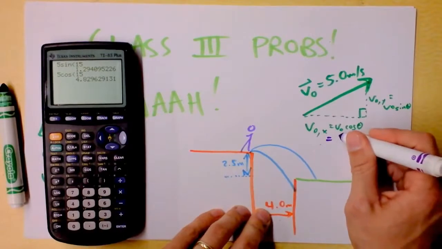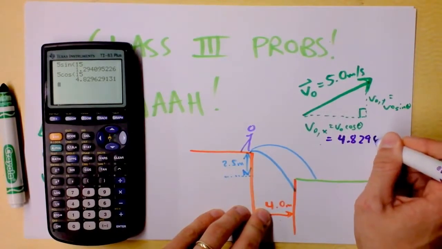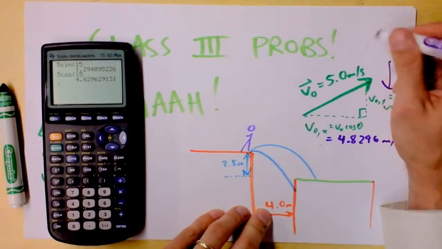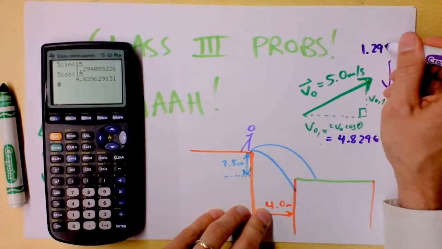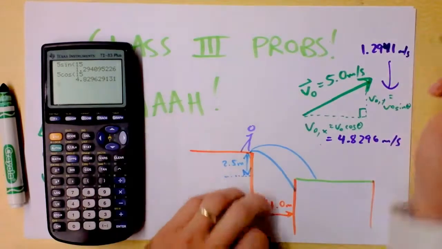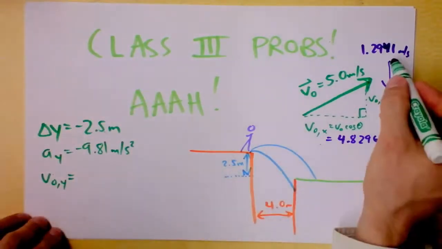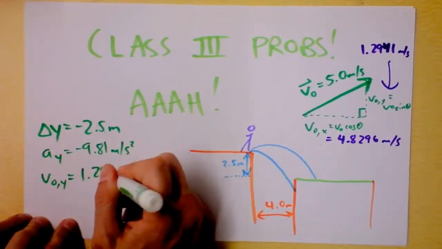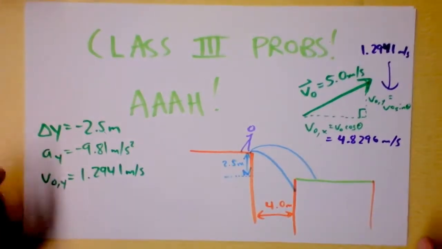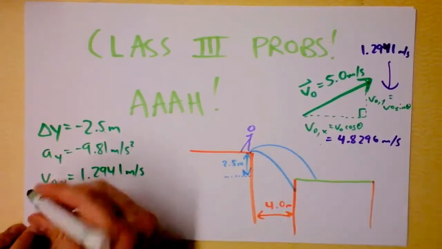Velocity in the x direction, 4.8296 meters per second. And the velocity in the y direction, check that out, that is 1.2941 meters per second. Okay, so the initial velocity in the y direction is given over here as 1.2941 meters per second.